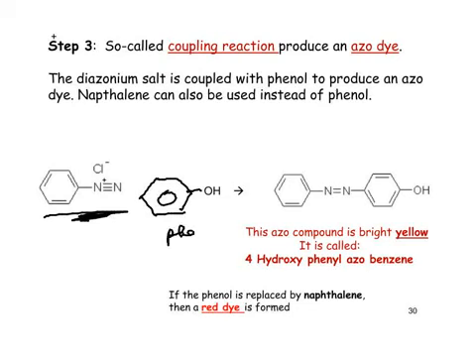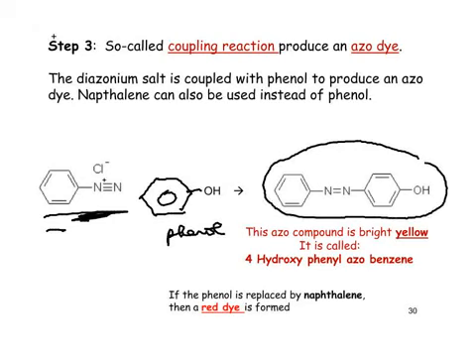And this is phenol. If phenol is reacted with the product of the previous reaction, the so-called benzene diazonium salt, it reacts to form this chemical, which is an azo compound, and it's brightly coloured. In fact, in this particular case, it's a yellow dye.